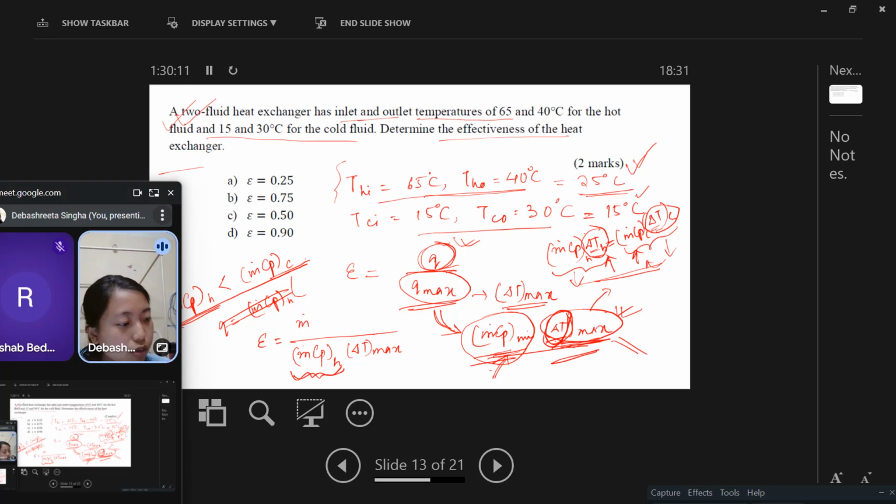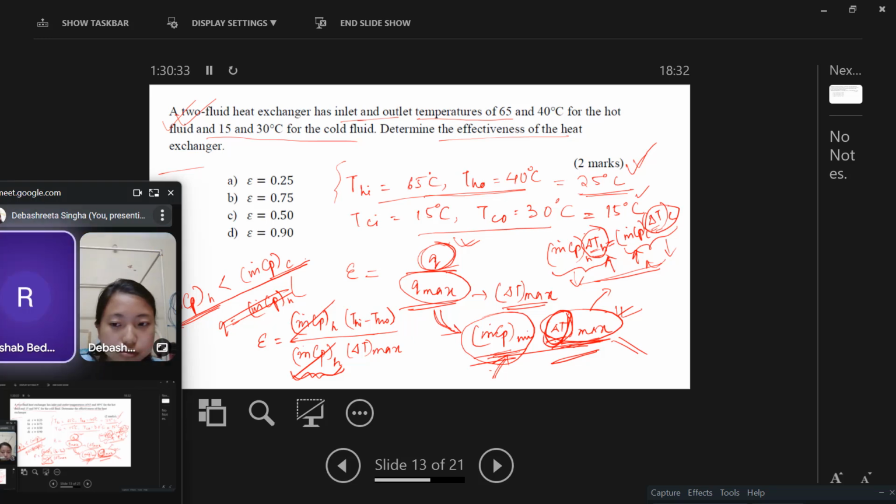So above also we can write for hot fluid, that is m dot Cp into, for hot fluid, Thi minus Th naught. You got this right, because we can cancel this out. It is very conceptual because this type of question will be asked in exam.